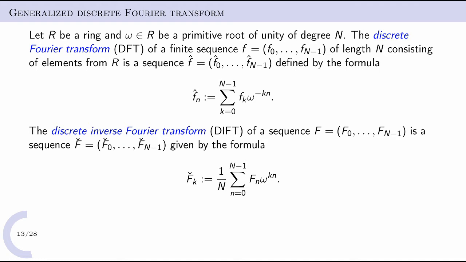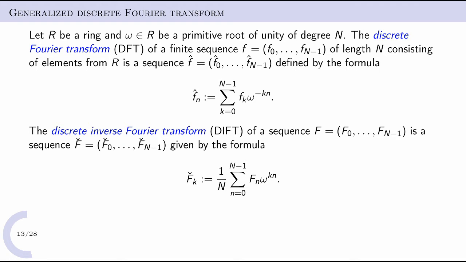Now we take a finite sequence of length n, so it's f0, f1 up to f_{n-1}, and we define its discrete Fourier transform to be a sequence of the same length, defined by the formula: f hat n, here is lowercase n, maybe I should have written j here, is the sum of f_k times omega to the minus k n.